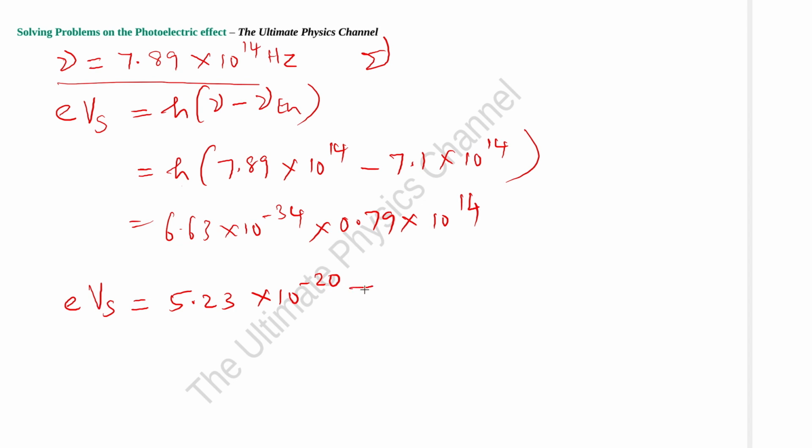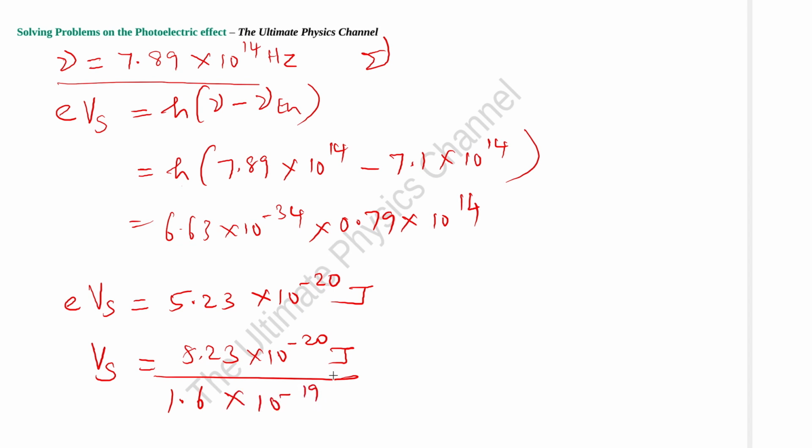The units are joules. This is energy units. We want the potential, the stopping potential, so we have to divide that by this e. So 5.23 times 10 power minus 20 joule over 1.6 times 10 power minus 19, that's the charge of the electron.